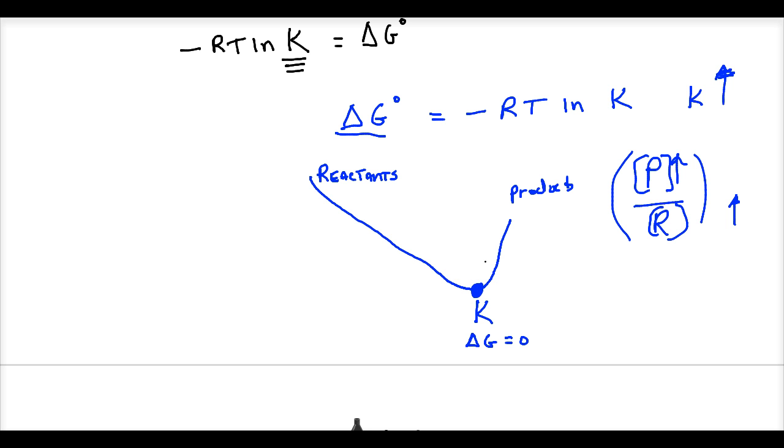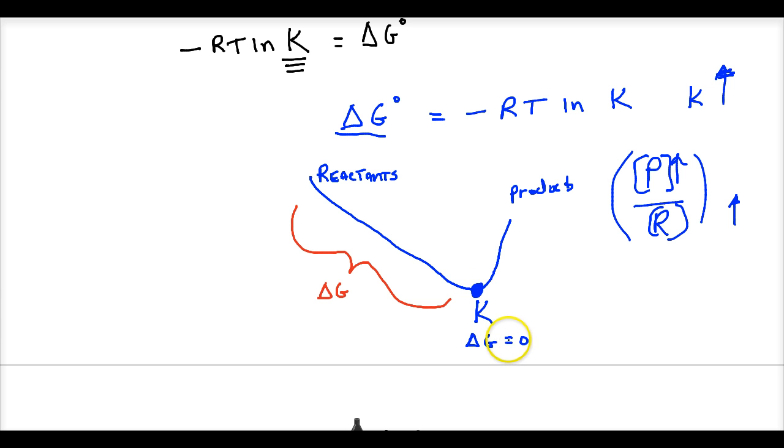Now, what this means is if I have a large range, you can see to the left-hand side, of possibilities for my delta G. Now, I know that when we're at K, delta G is 0.